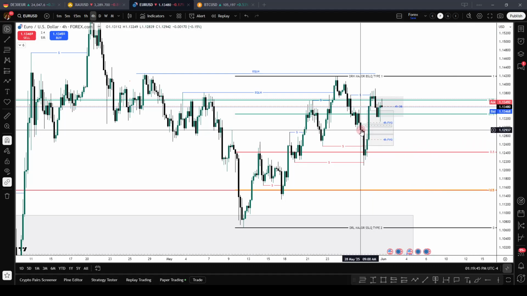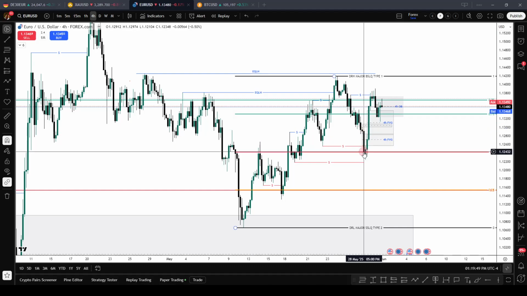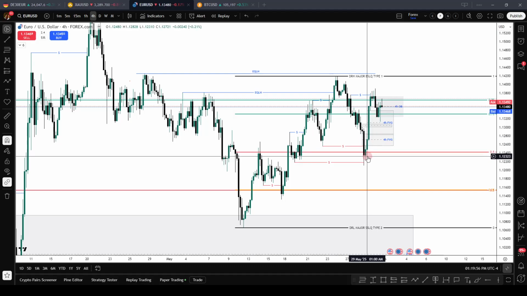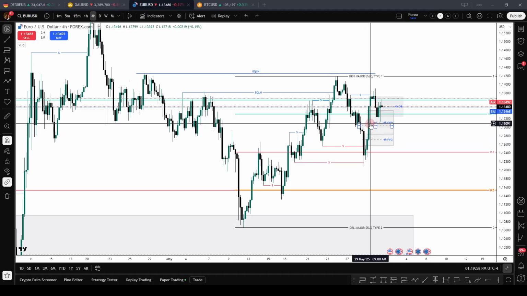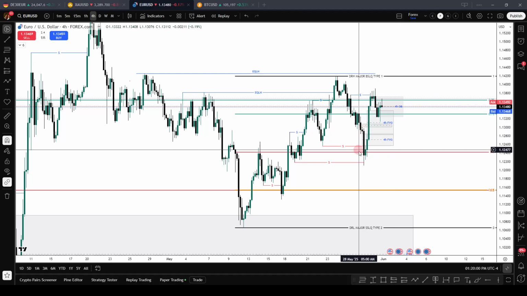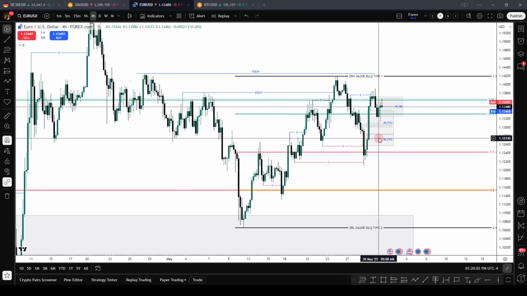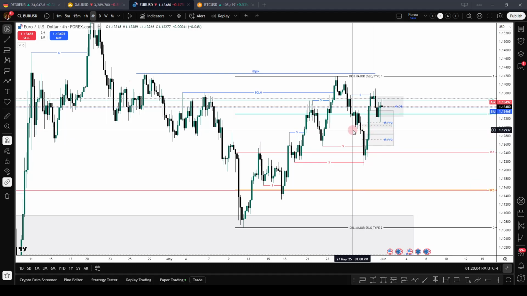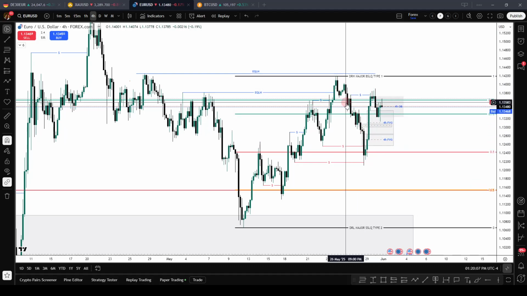Here we see that we have a key point, ACB. Sell side imbalance, buy side inefficiency, and a BC respectively. This is a very strong sign of reversal. It is a very strong sign that probably this whole pullback is over.